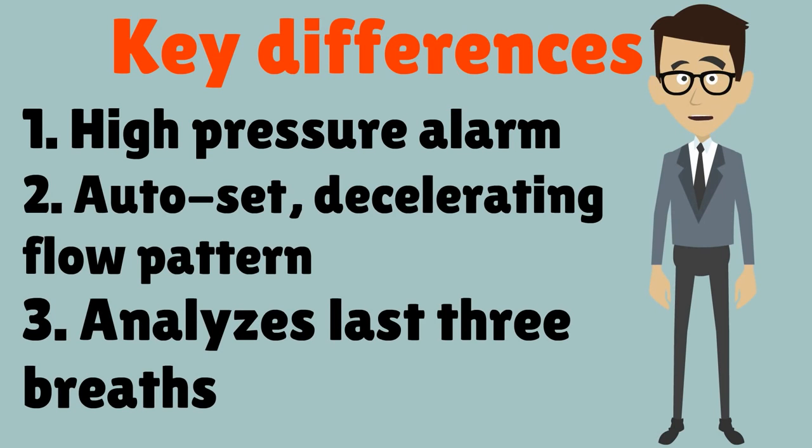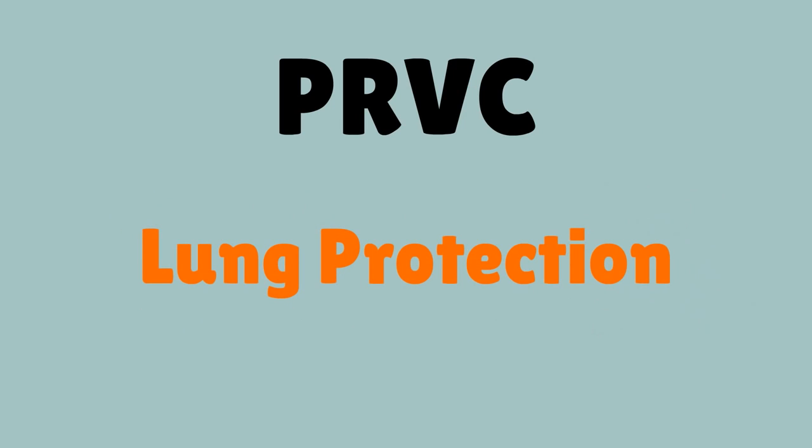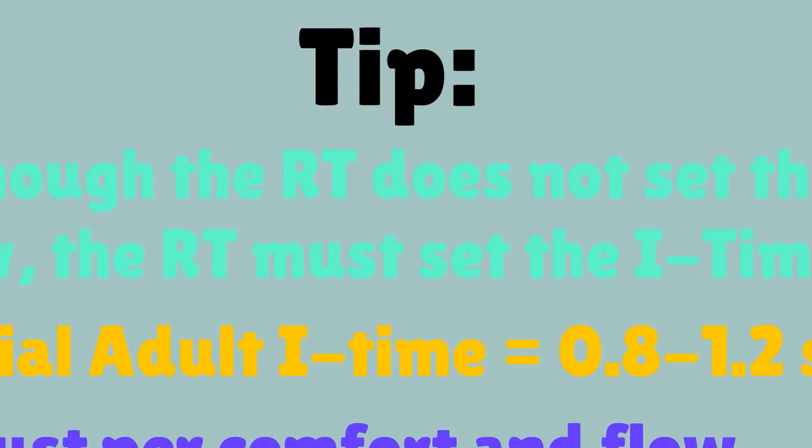Plus, the ventilator looks at the last 3 breaths and analyzes whether or not it can deliver the next breath with a safer, lower PIP. In PRVC, it's all about regulating the pressure so that you can safely protect the lung.